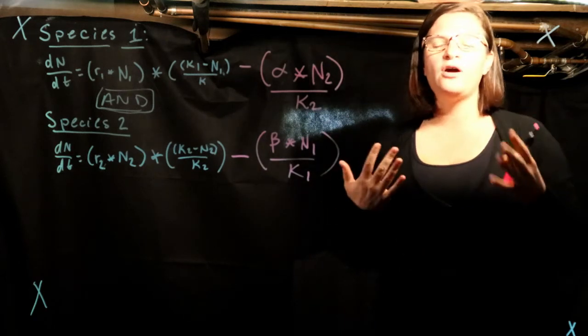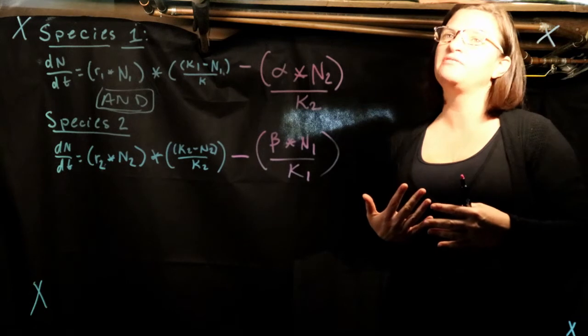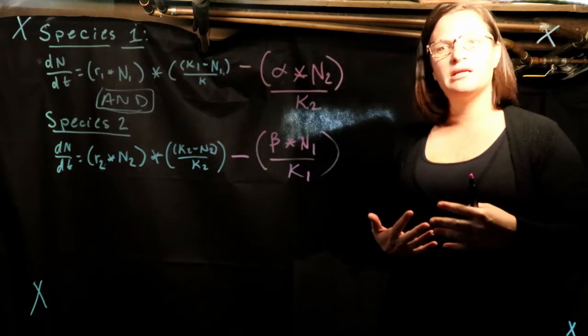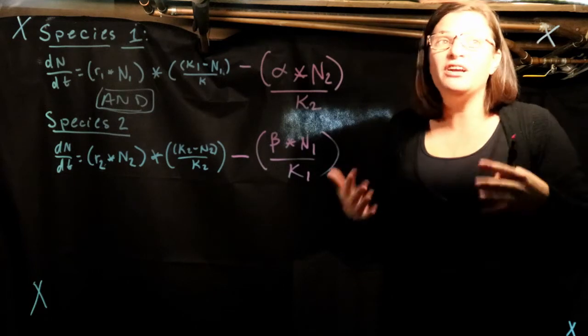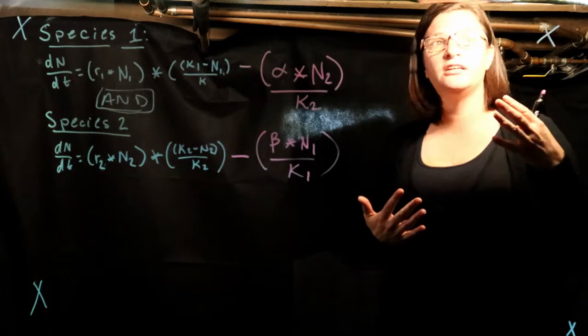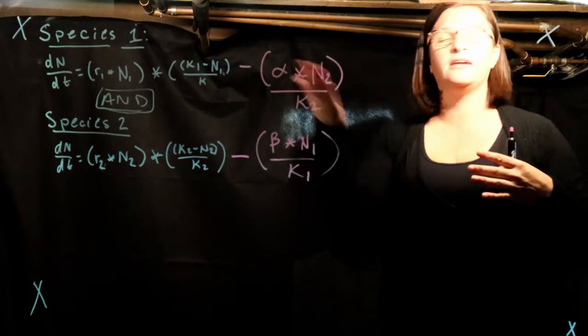Okay, so what I hope you thought of is that species have different competitive abilities. So it's very likely that species 1 is a better competitor than species 2, and that would make the beta higher than the alpha.